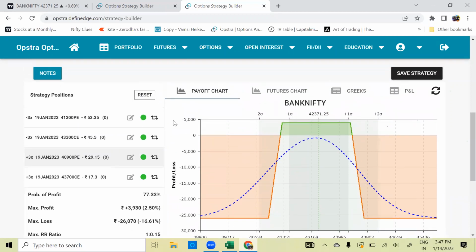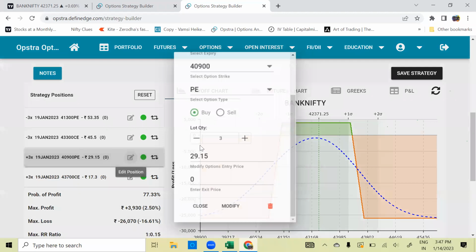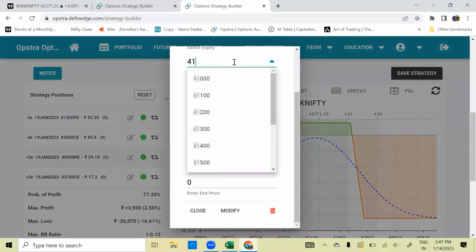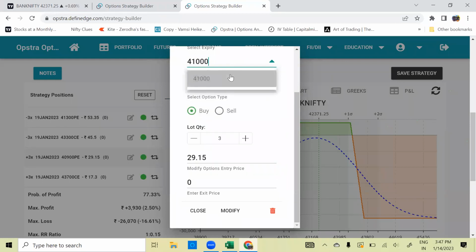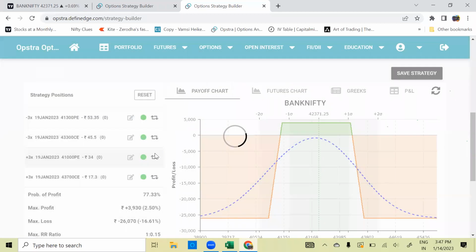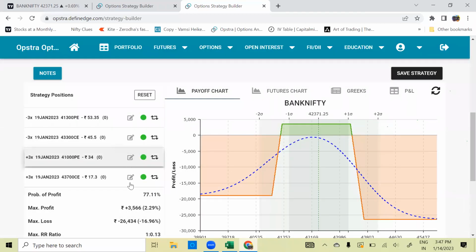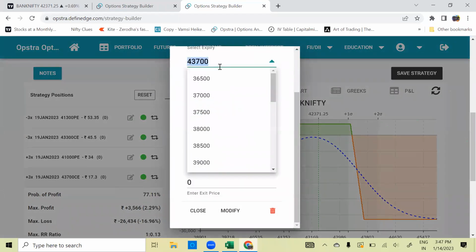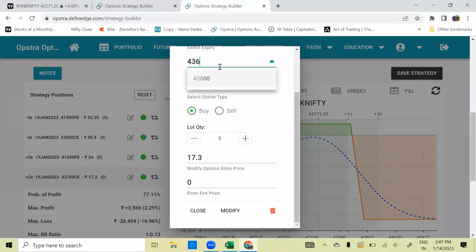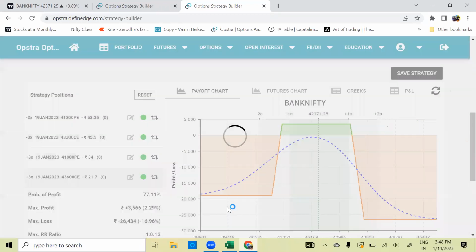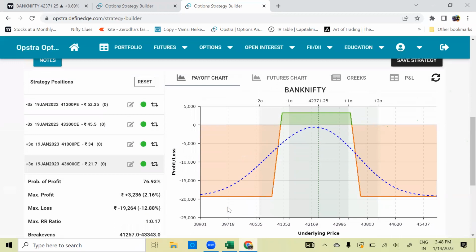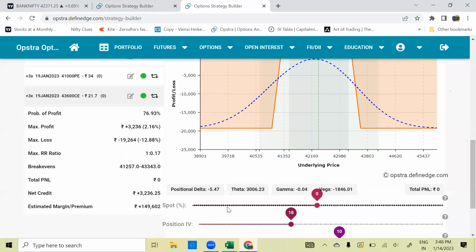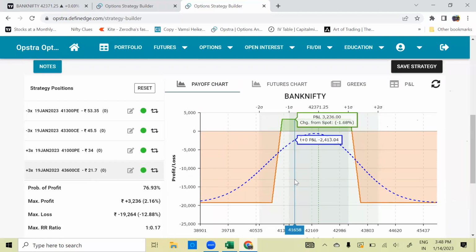For suppose here, if I come only 300 points away, so if I sell 41,300 and buy 41,000, the range will become much less compared to a normal strangle.